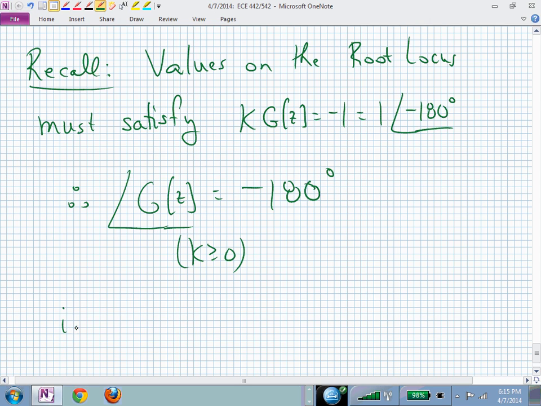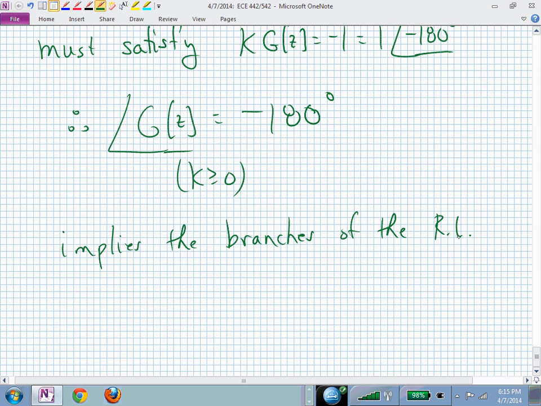and that implies the branches of the root locus, I'm getting tired and you're texting anyway, so just say RL, that's root locus.